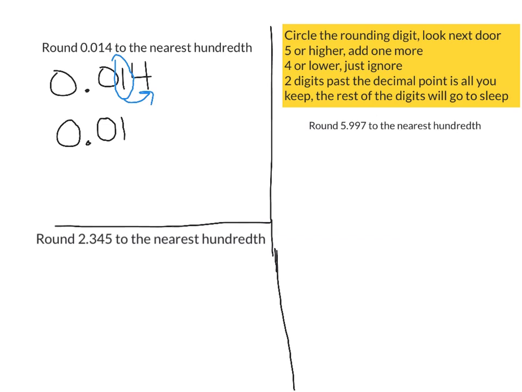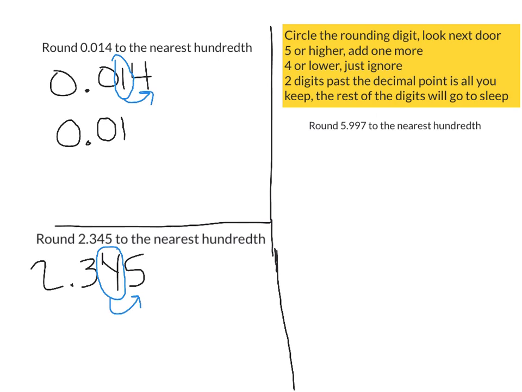For the next example, we have 2 and 345 thousandths. So we're going to start by circling the rounding digit, which is a 4 this time, because the 4 is in the hundredths place. We're going to look next door. It's a 5.